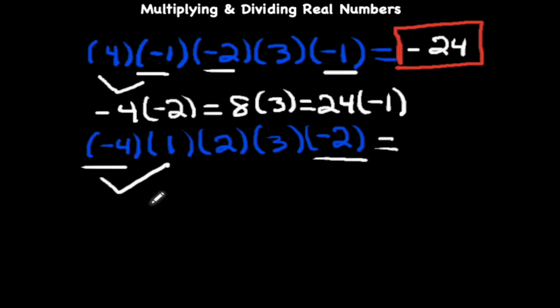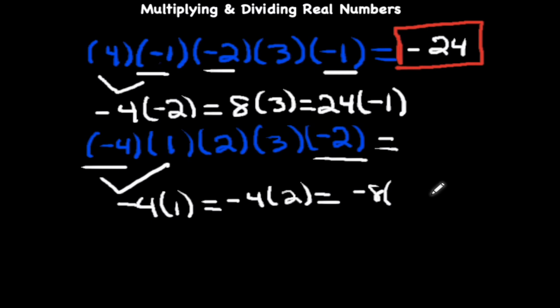So negative 4 times 1 is negative 4, times 2 is equal to negative 8. Negative 8 times 3 is equal to negative 24, right?